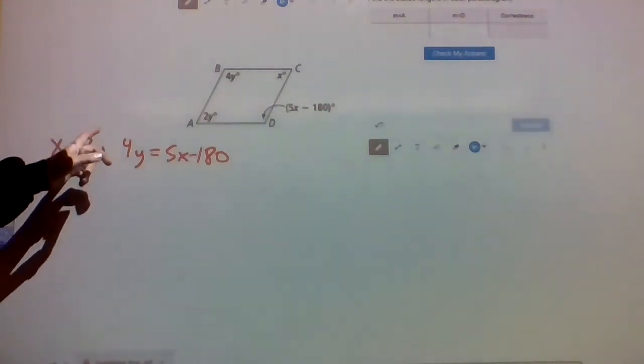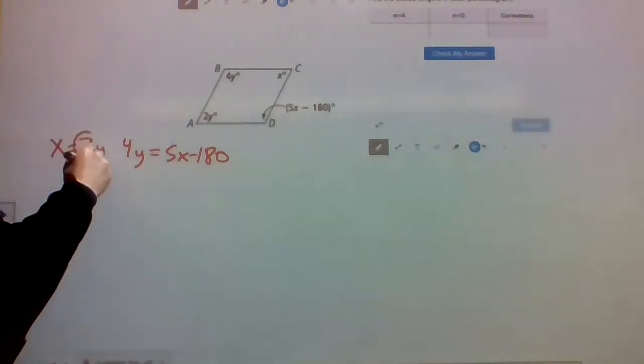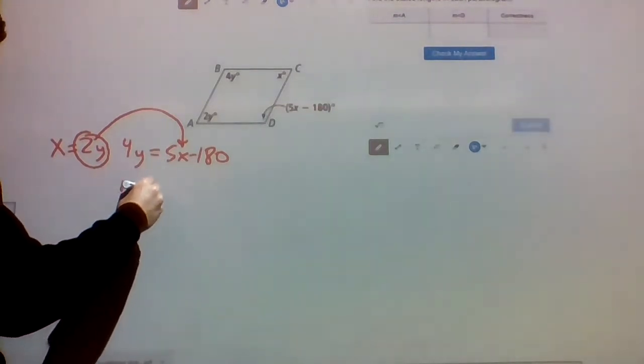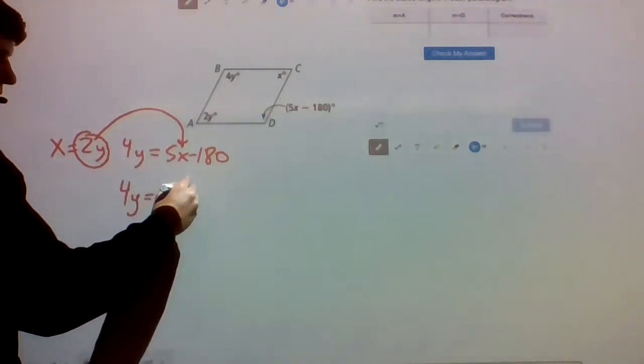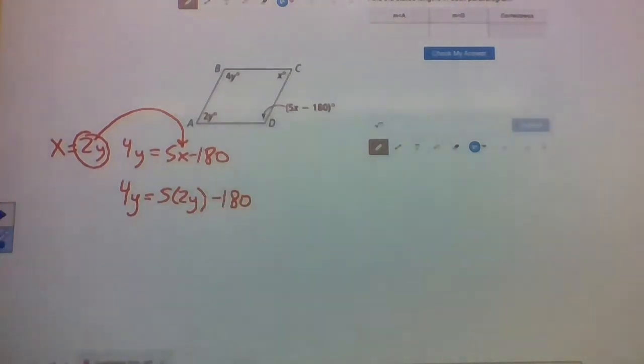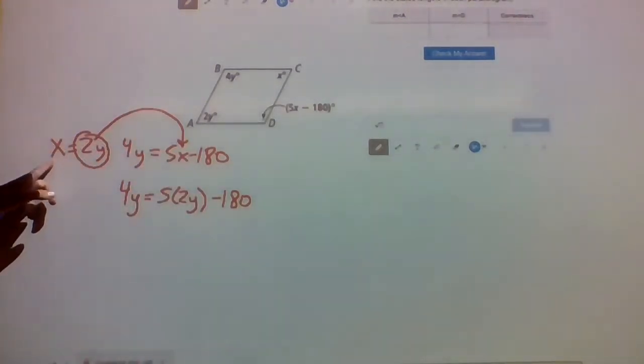You'd probably want to do substitution. You'd substitute in 2y here, so 4y equals 5 times 2y minus 180. Then you can solve for y, and substitute that back in to find x.